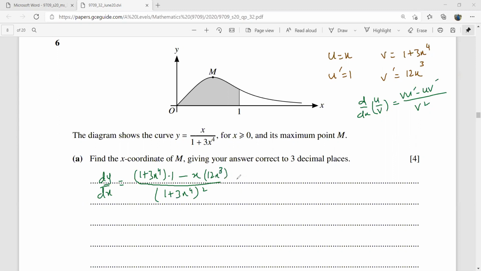I'll simply put that equal to 0 without wasting any time because we have to find that stationary point. This denominator would be eliminated through cross multiplication. I have 1 plus 3x to the power 4 minus 12x to the power 4 equal to 0.